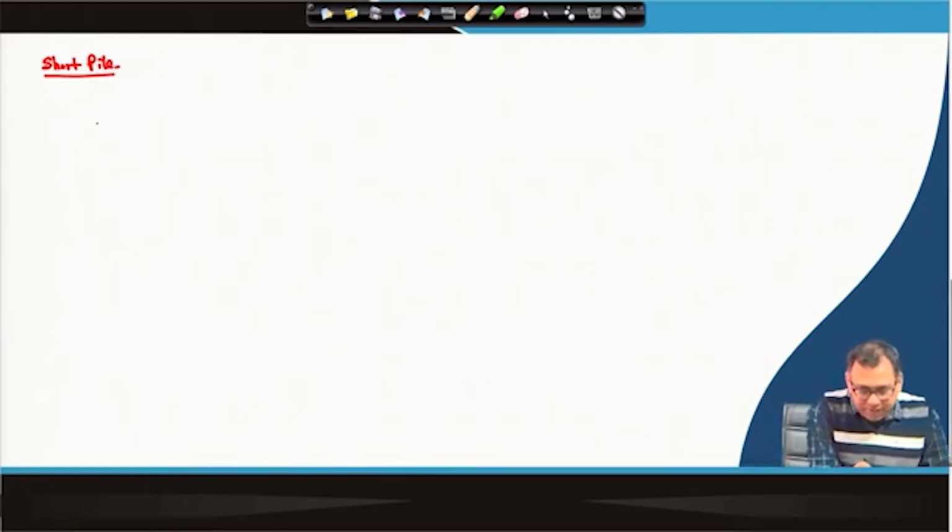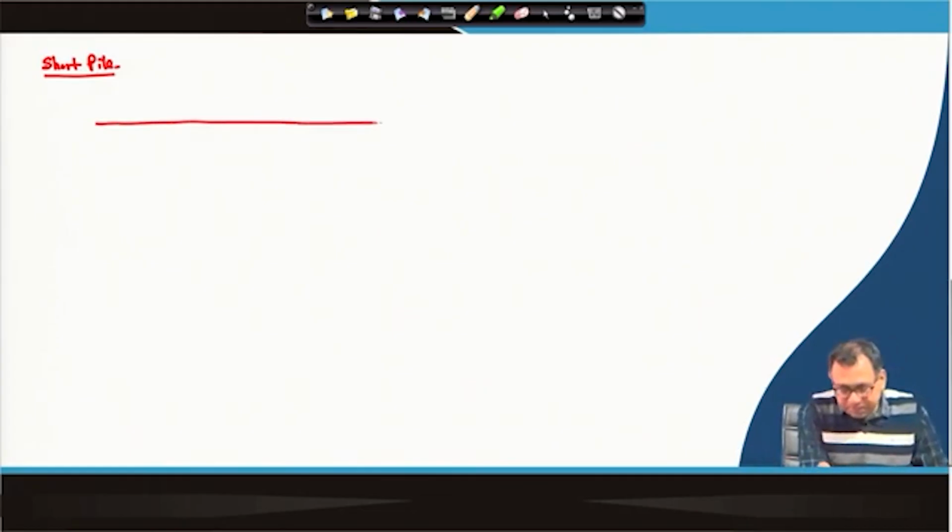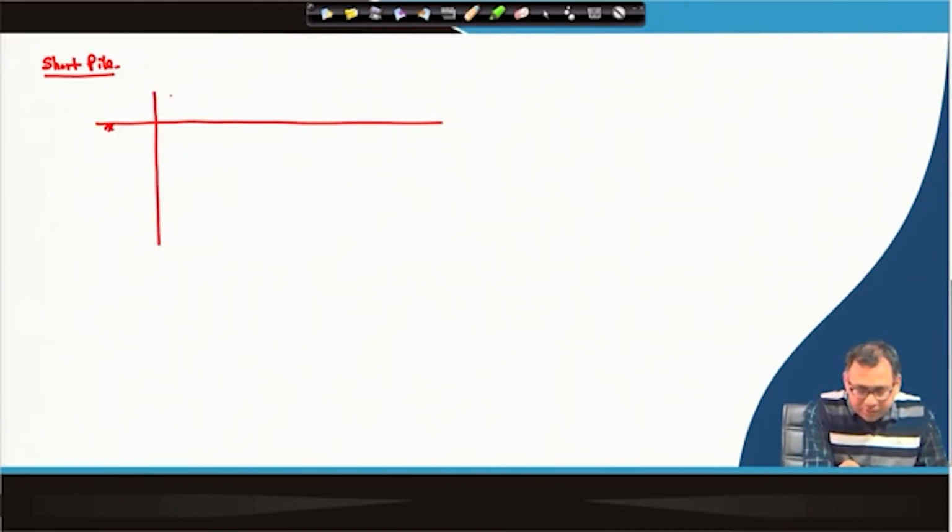So, for the short pile, this is the ground surface. Similar to our cohesive soil case, here also the free headed pile will rotate about a point.